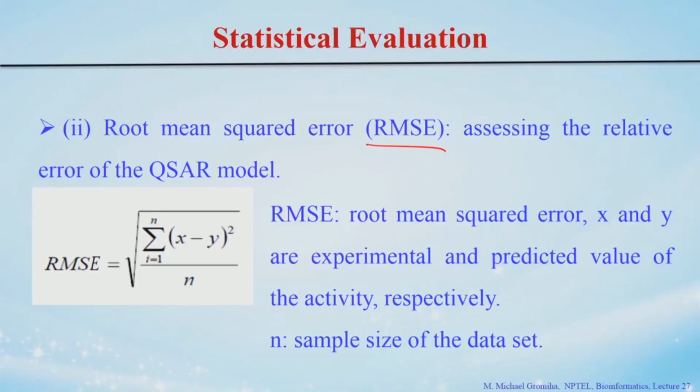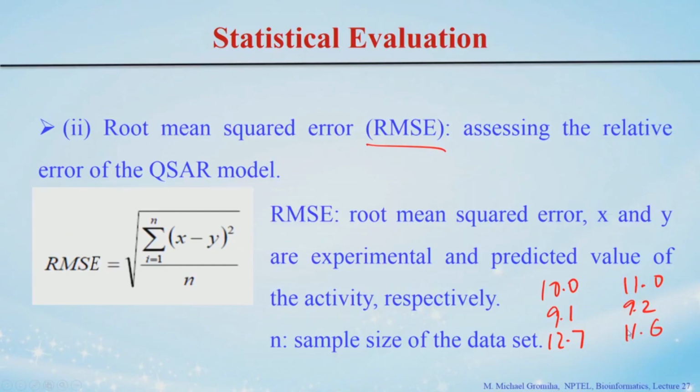How to get the root mean square error? You can see the predicted ones and experimental ones. For example, the predicted values are 10.0 and 11.0, and the experimental is 9.1 and 9.2, and this is 12.7 and here it is 11.6.